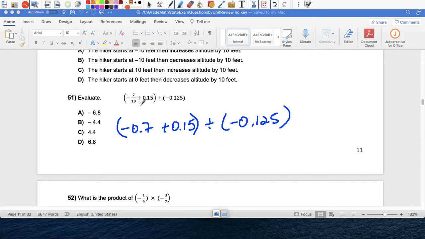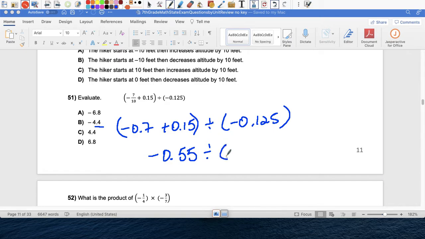I changed the 7 over 10 to negative 0.7. You didn't have to, again, because you have a calculator. Negative 0.7 plus 0.15, enter. So in your calculator, you should have this value right now. And then you're going to press the divide button, and then negative 0.125, and our answer is 4.4, positive.